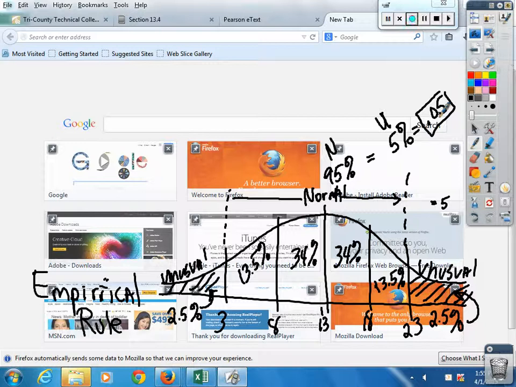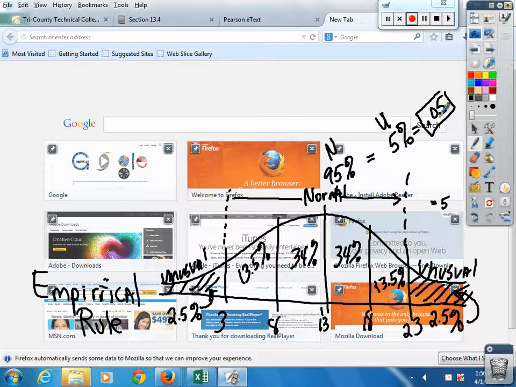Now, why did I show you the empirical rule? I showed you so that you can see how important the mean and the standard deviation are. If you don't know the mean and the standard deviation, you can't make this curve. And if you can't make this curve, you can't figure out where 50% of the scores go. 50% are at 13, the other 50% are above 13.